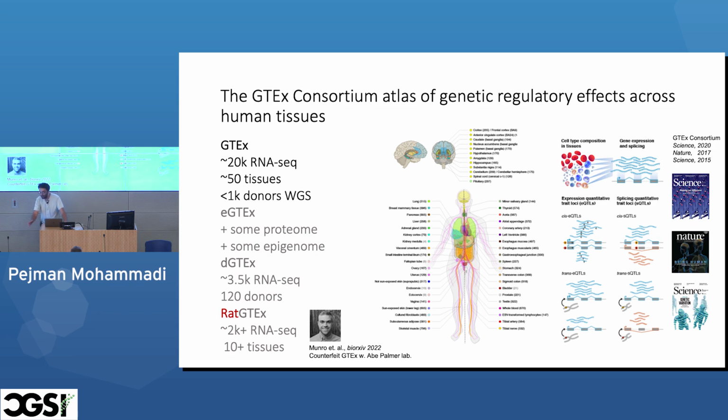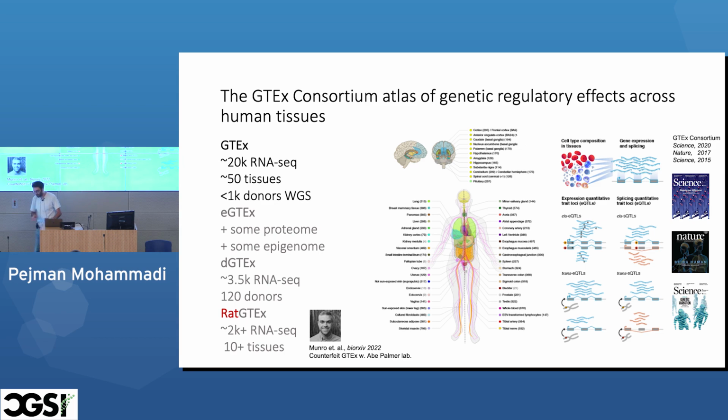And then finally, there is the counterpart from Abraham Palmer's lab, done by Dan, who is here, where we did the same type of thing in rats, which are used a lot for psychiatric phenotypes.